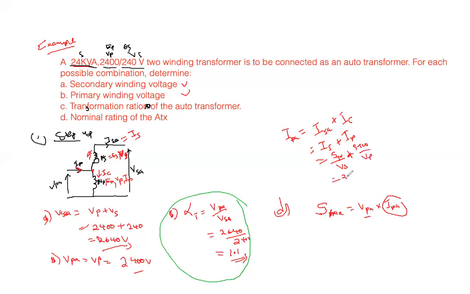So you'll see that you have 24 kVA divided by 240, plus 24 kVA divided by 2400. If you divide these, I'm sure you're going to get 100 here plus a 10 there, and your answer is 110 amps. You can do it the way you want. Some people would calculate IS on the side, which is simple.